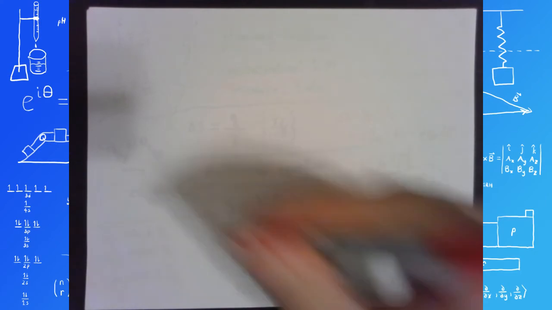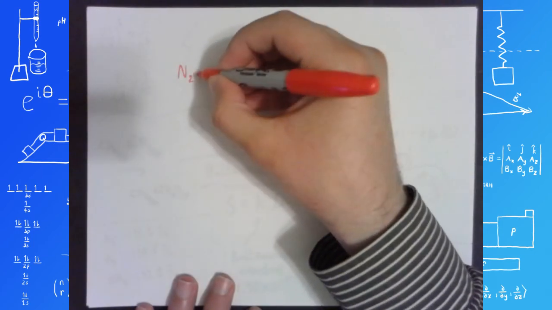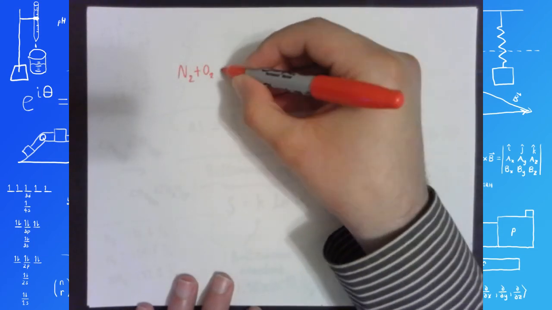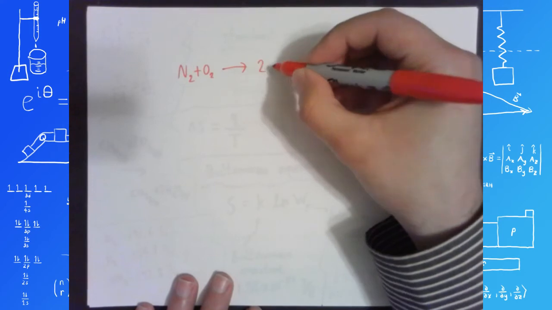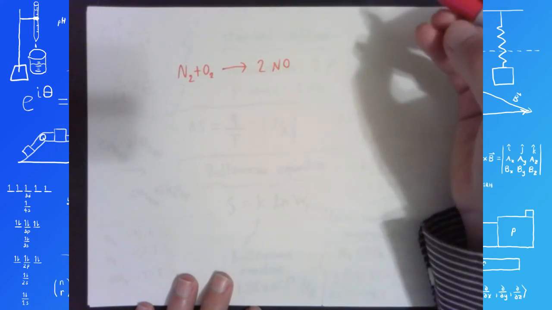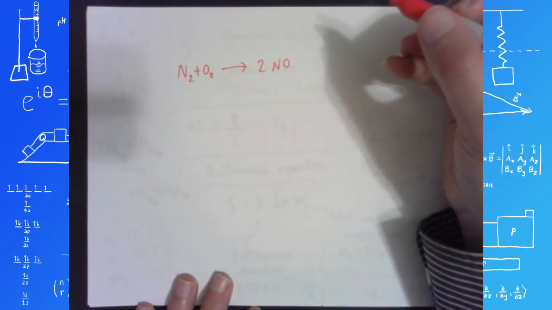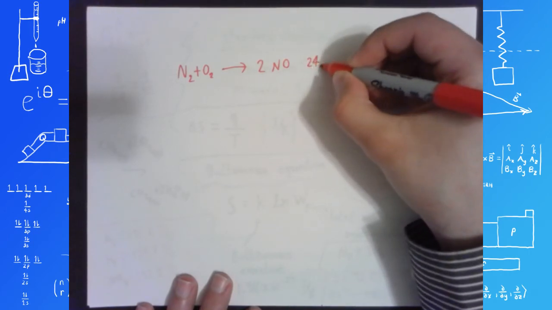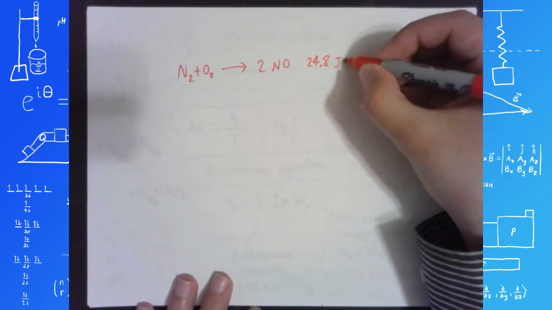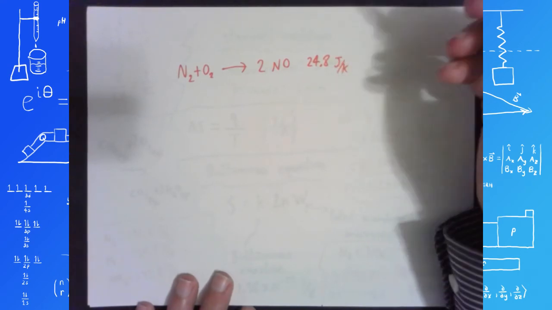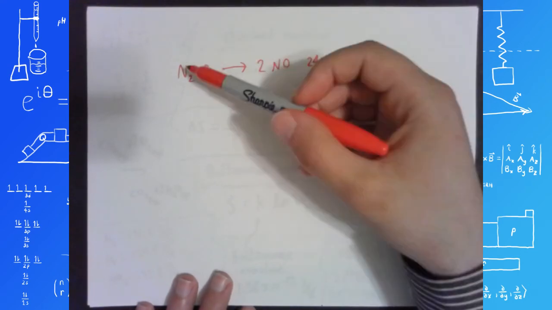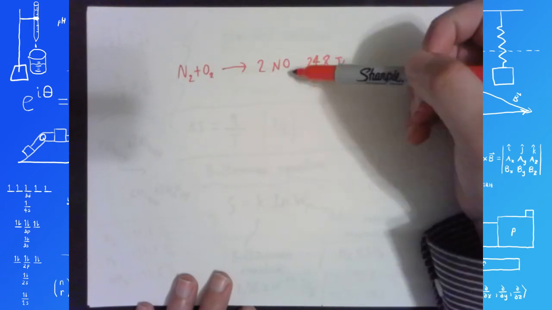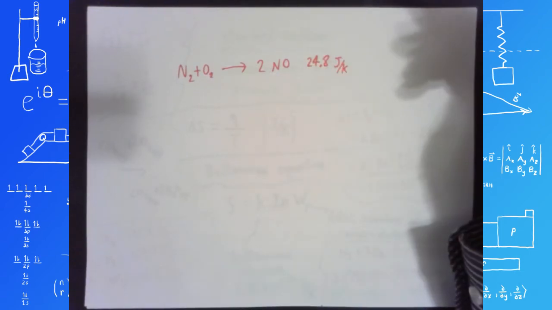So we've got N2 plus O2 giving 2NO. I keep that as is, and that's 24.8 joules per Kelvin. Very small entropy change. Not a surprise when you consider it's 2 moles of gas converting to 2 moles of gas.